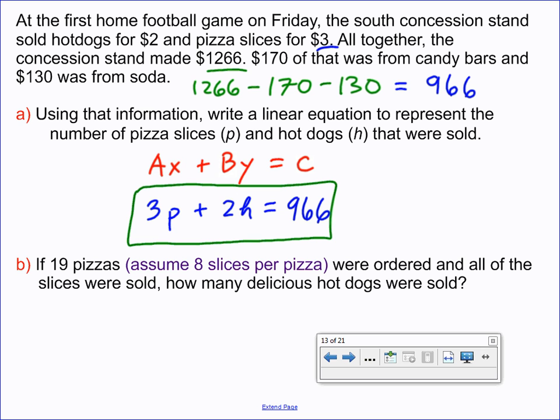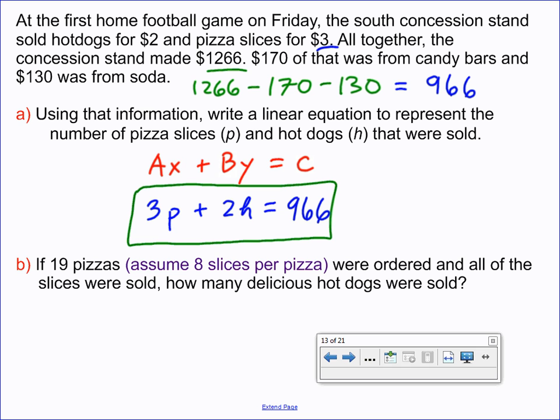Awesome. If 19 pizzas were sold, assume 8 slices per pizza, and all of the slices were sold, how many delicious hot dogs were sold? So if 19 pizzas were ordered for concessions, 8 slices per pizza, and all the slices were sold, then how many delicious hot dogs were sold? Great. So we're given how many slices were sold here.